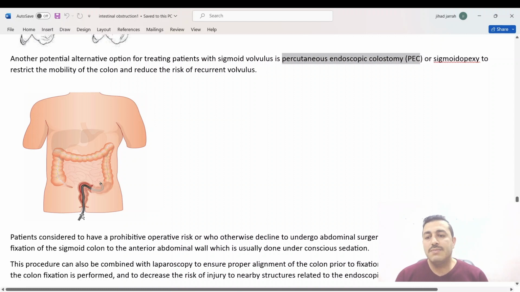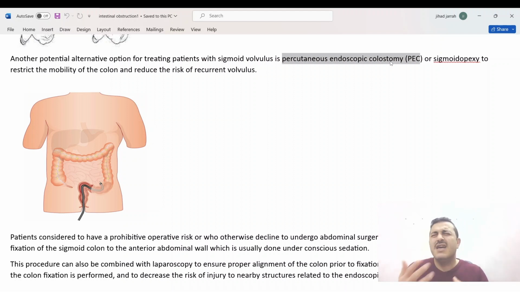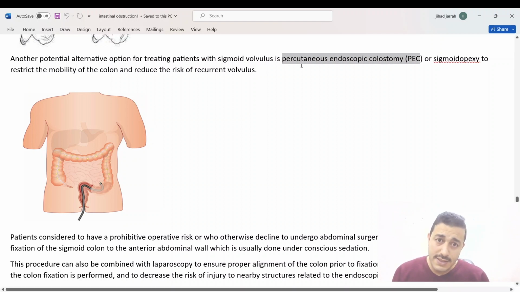Actually, you can see in this picture, it's like an endoscope, transanal, proceeding to the sigmoid part or the volvulized part, and they make an opening in the bowel to the skin and do a colostomy, so that the colostomy is fixed to the abdominal wall. It's a type of sigmoidopexy, so it's called percutaneous endoscopic colostomy.